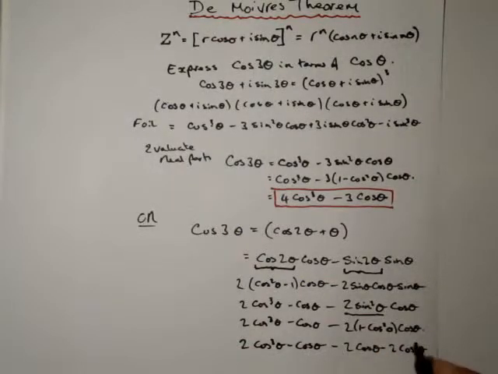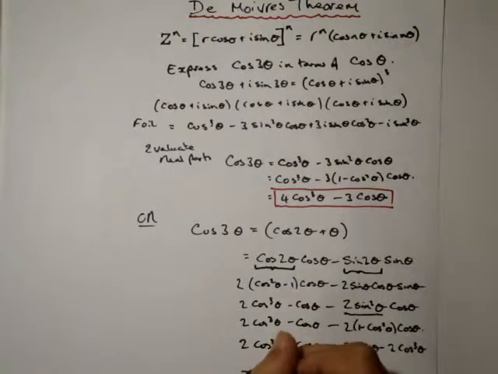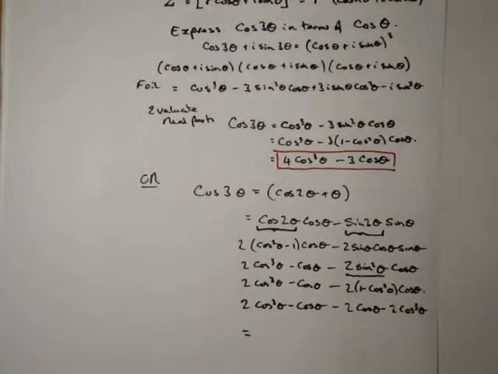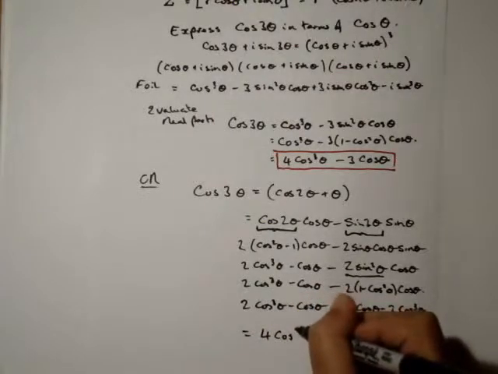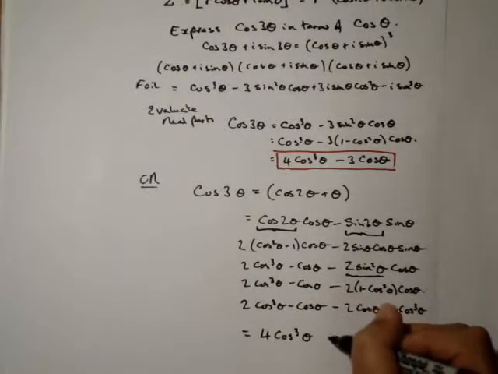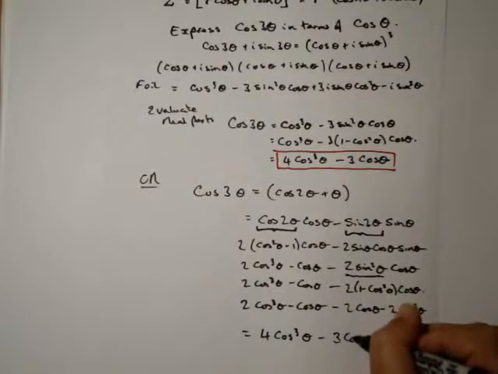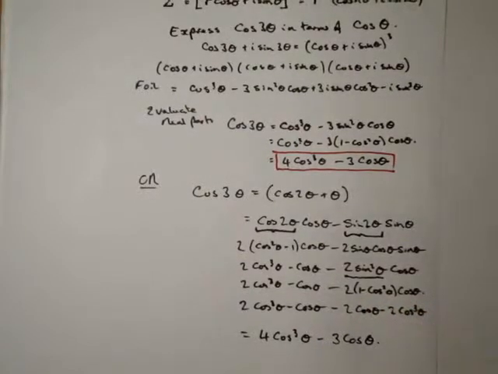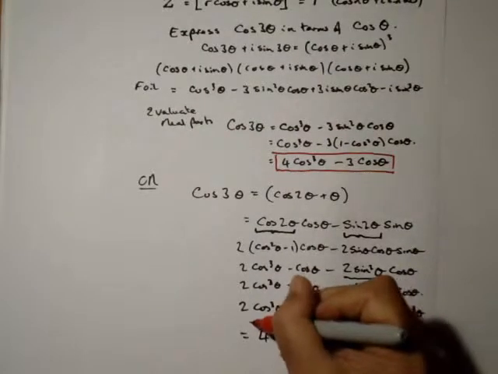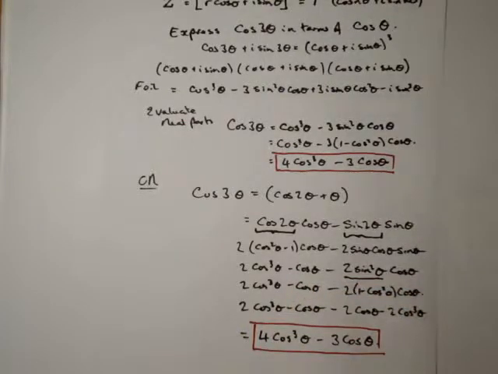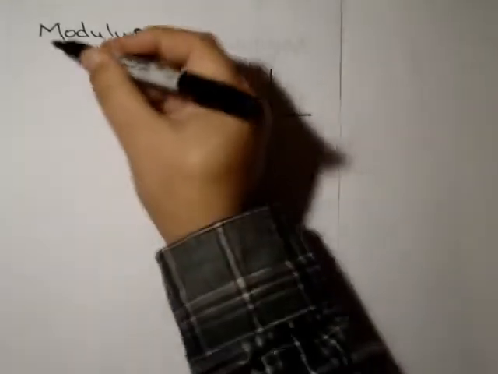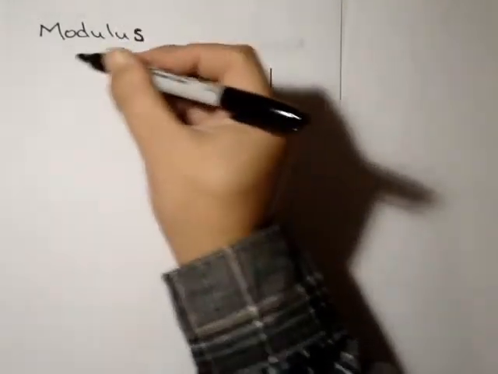And then when we add the like terms, this equals 4 cos cubed theta minus 3 cos theta. So using De Moivre's theorem, we've just proved it gives you the same result.